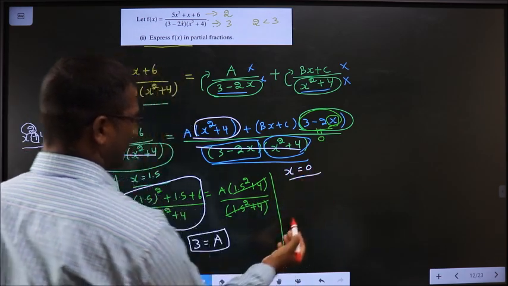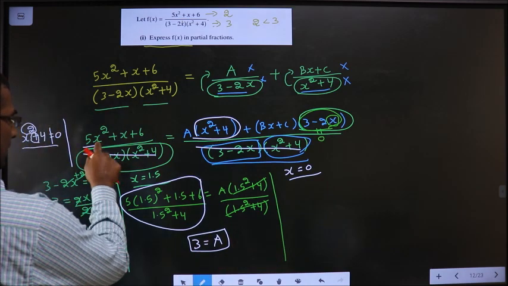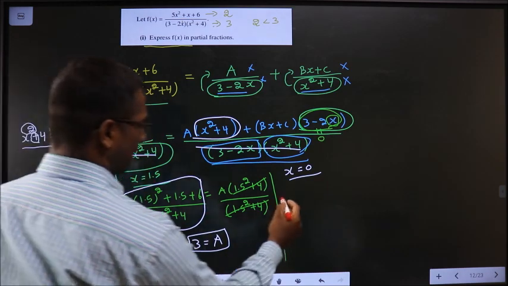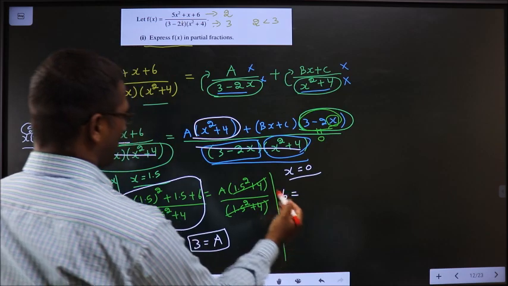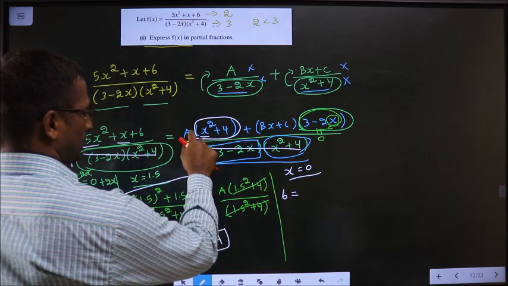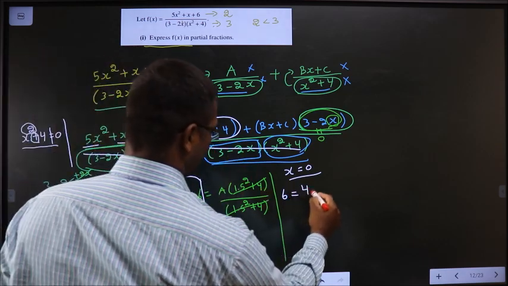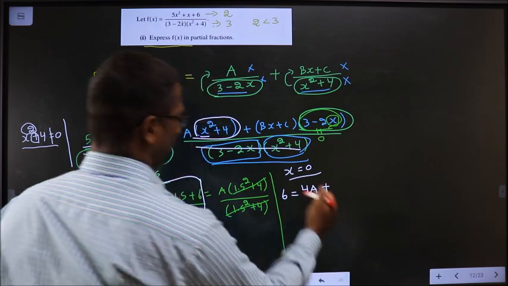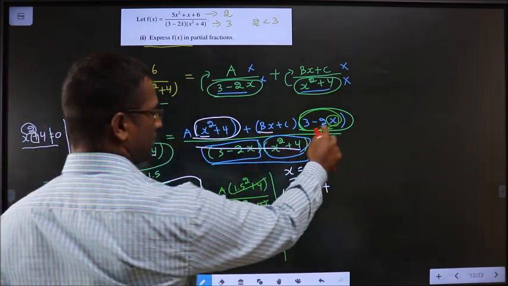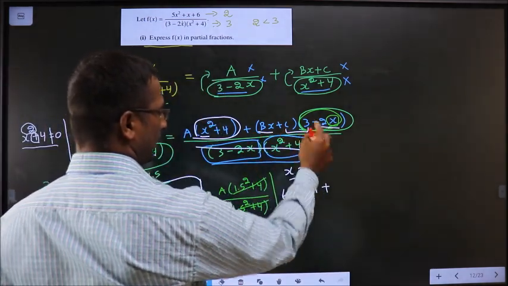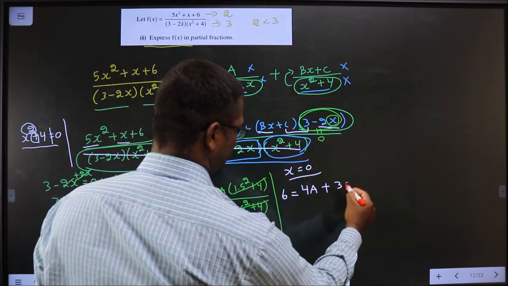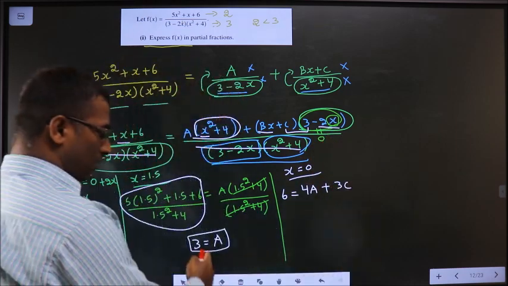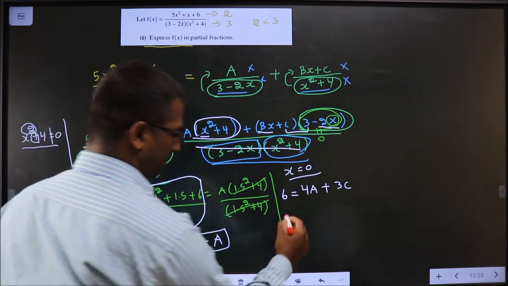So if I take x equal to 0, what do I get? This will be gone, leaving 6. Here this is 0, so leaving 4a. Plus here this will be gone, these two are left, so plus 3c. You got a, replace it here.